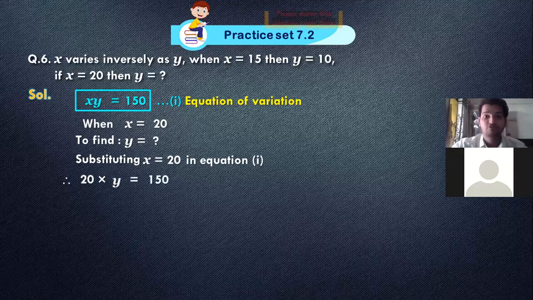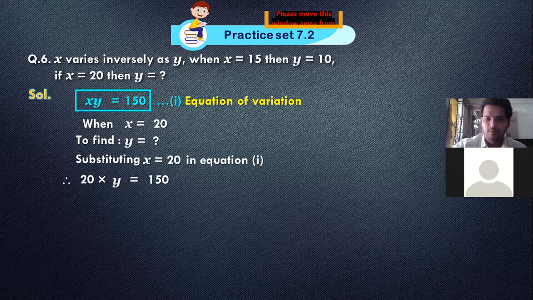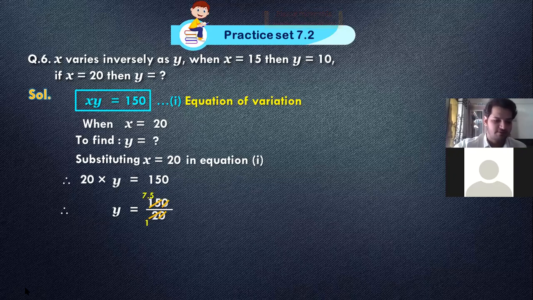Now again ask yourself, whose value are you supposed to find? y. So which number is next to y? 20, sir. Okay, 20 and y are getting multiplied. So multiply goes on the other side, becomes what? Divided by, sir. Okay, so 0 and 0 get cancelled. And 2 ones are 2, and two 7.5s are 15.